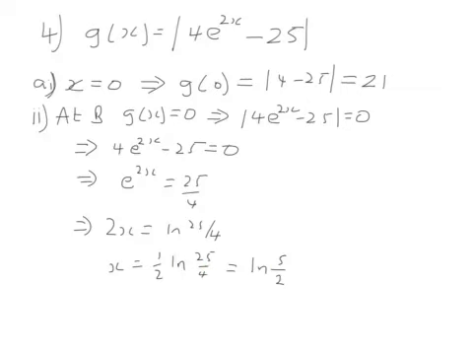Let's divide both sides by 4, so I get a half x plus 17. The inverse of e is ln, so 2x is ln of a half x plus 17. So x is a half ln of a half x plus 17, as required.